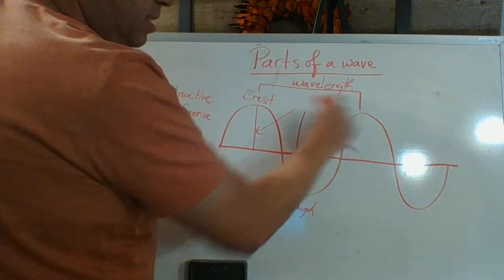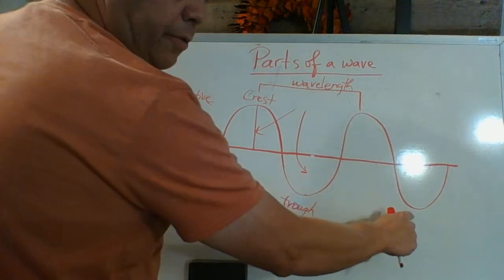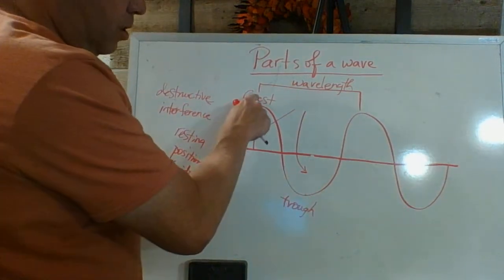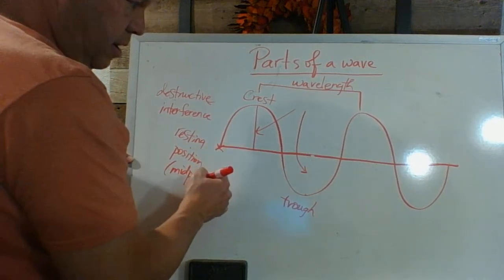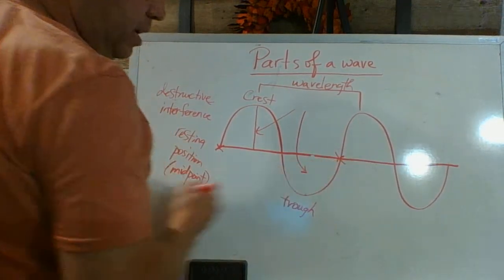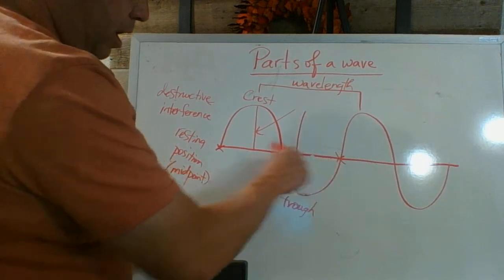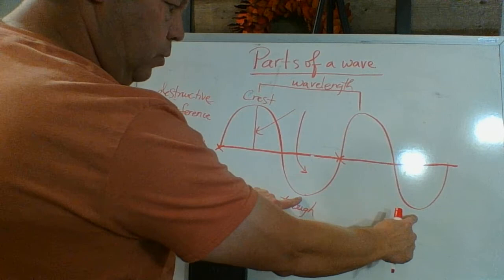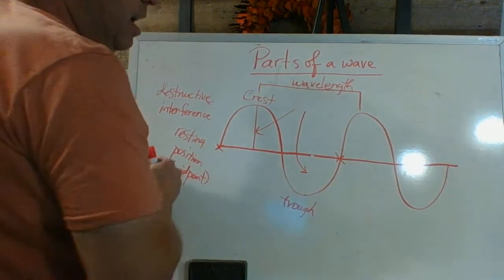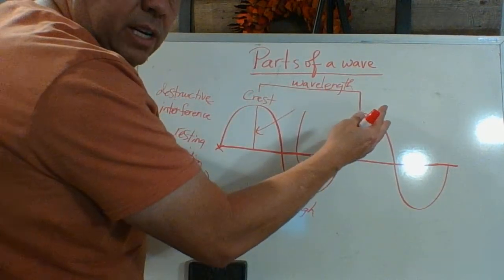So from crest to crest is a wavelength, or trough to trough is a wavelength, but it's from one place on one wave to the same place on the next wave. So if I started here, then I would be looking there, right? It's a full wave apart, okay? So this is a wavelength, this is a wavelength, this is a wavelength. They're all the same distance, okay? It's the length of a wave, that's all it is, okay?